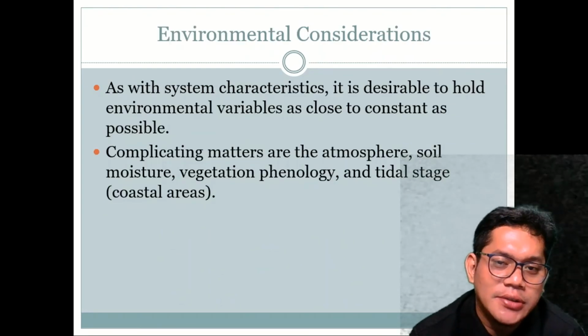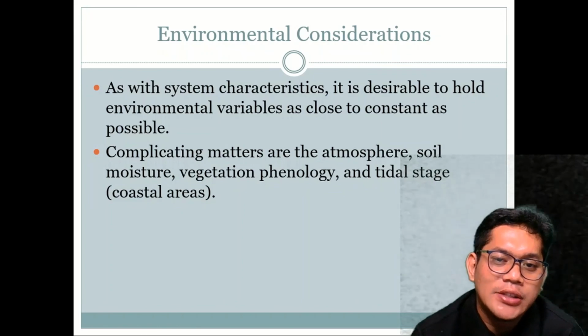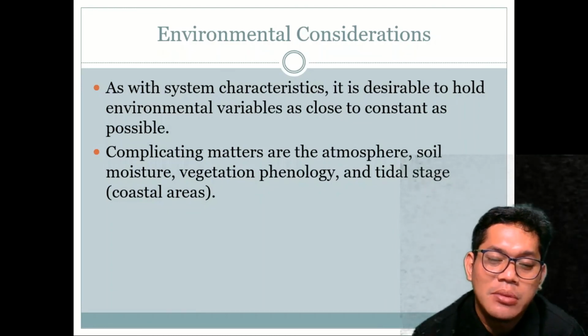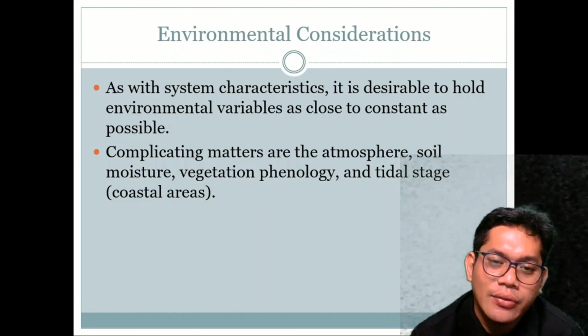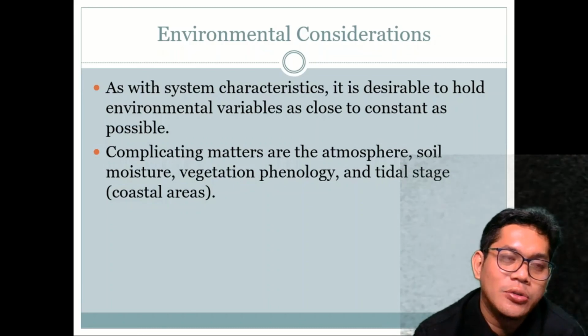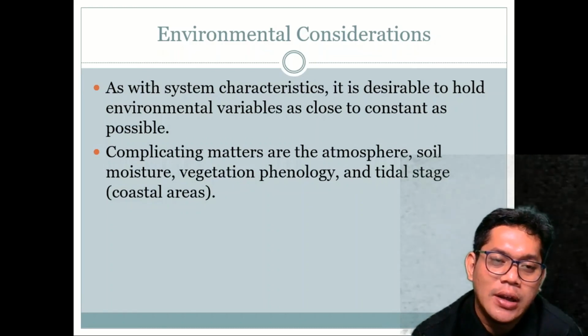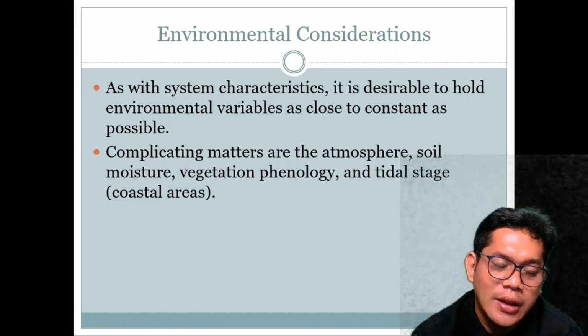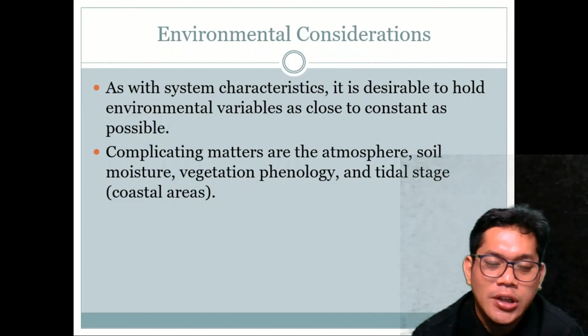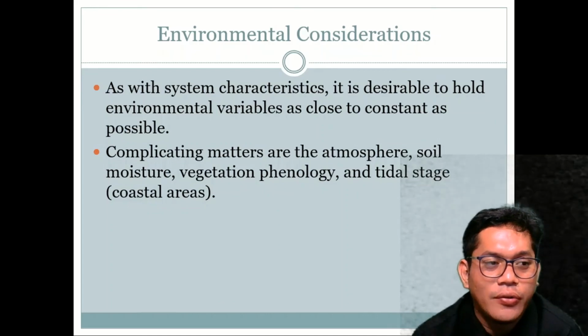So as with the system characteristics, it is desirable to hold environment variables as close to constant as possible. Okay, we try to have environments which are similar to each other in terms of the cloud cover, the temperature, solar radiation, and more. Why? Because we want to ensure that the data we analyze will be less affected by those atmospheric effects, as we want to see the changes of the surface.